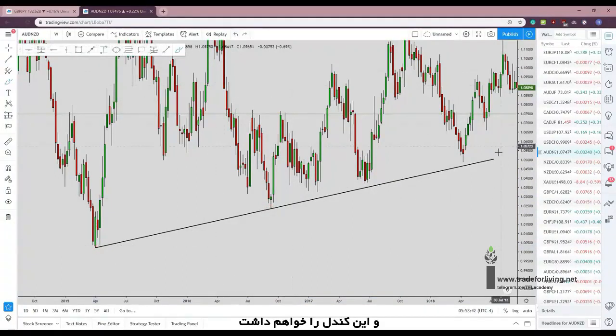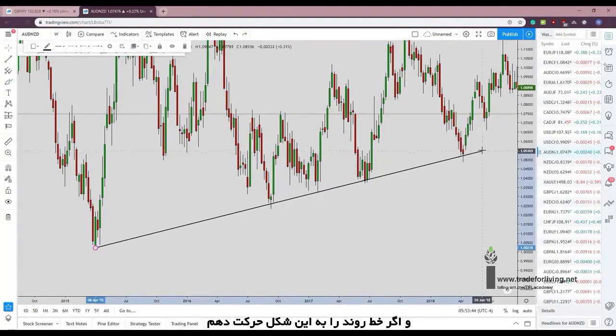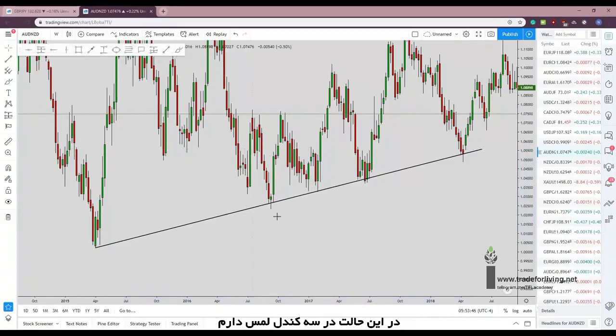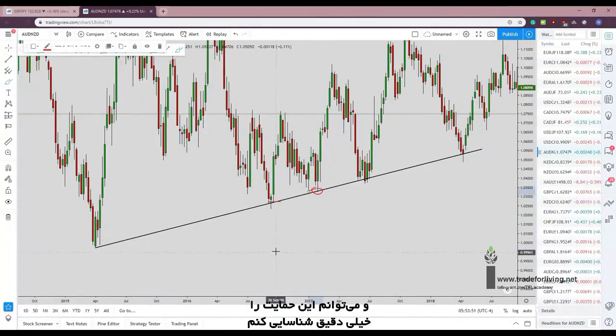If, however, I move my trend line in this way, then at this point I'm touching 3 candles here, and I'm able to identify this level of support very precisely. And if I had done it the way I showed you before, like most traders do, this would have been almost impossible to do.